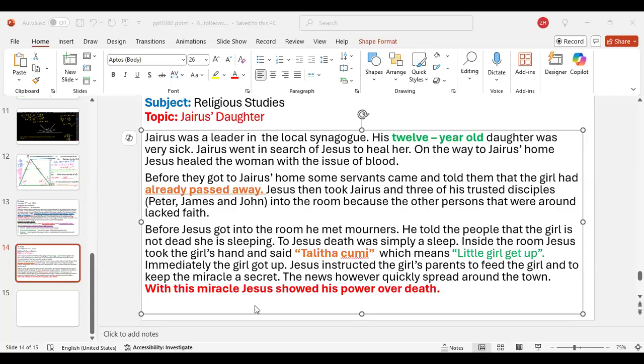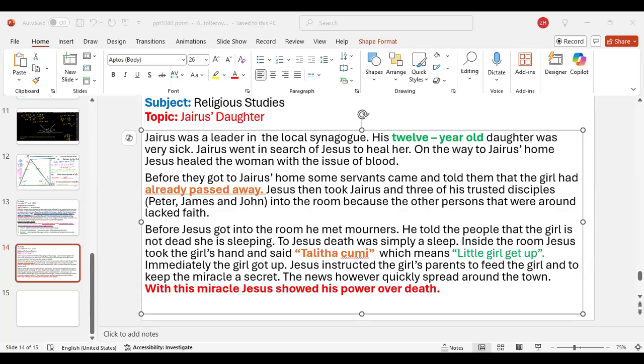Ren, read the first paragraph, please. Jairus was the leader in the local synagogue. His 12-year-old daughter was very sick. Jairus went in search of Jesus to heal her.